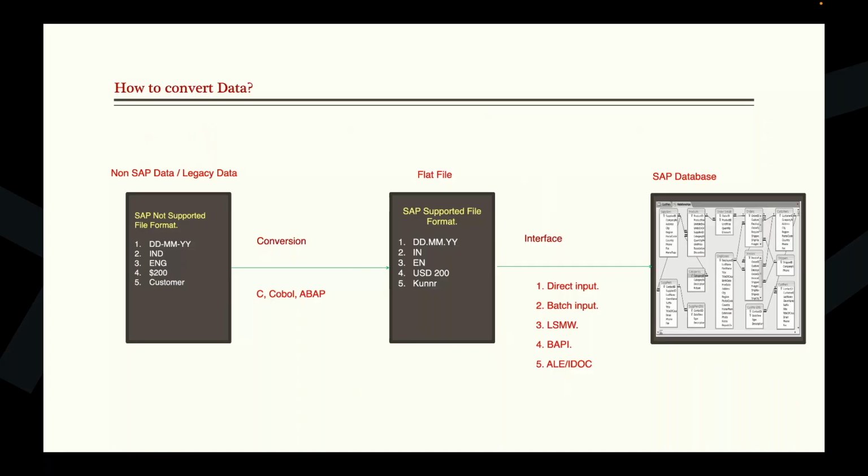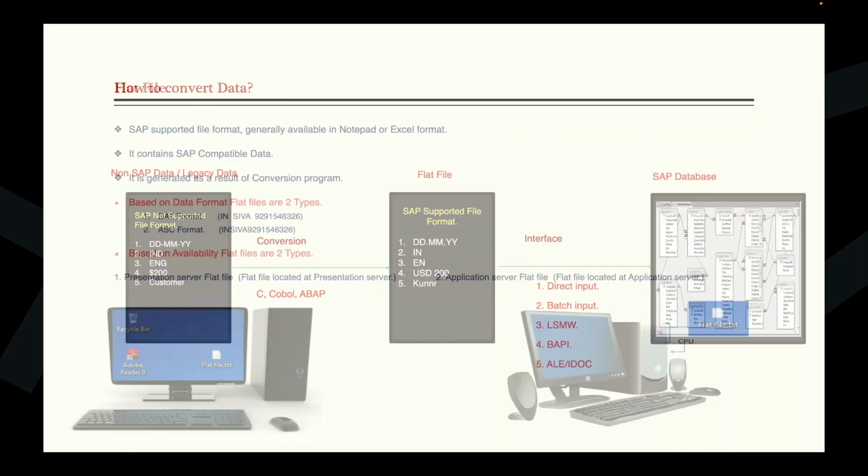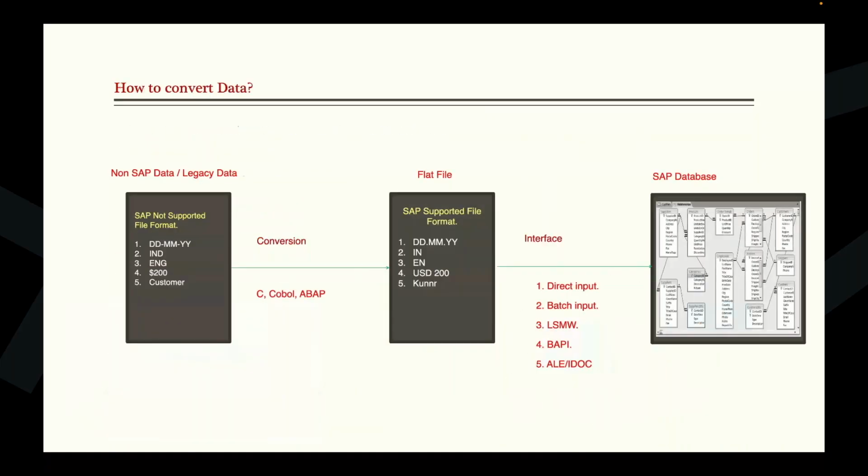Of these technologies, a few are SAP recommended, a few are not recommended, and a few are recommended for ABAPers, and most of the time ABAPers are recommended to use BAPI to upload the data. And ALE IDOCS is a cross-application technology, and there is a different approach for why we use it, which we will discuss when we get into ALE IDOCS. So ultimately, the final task is to store non-SAP data into SAP database tables.